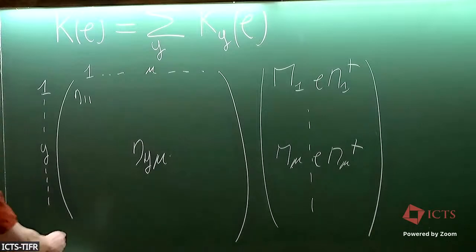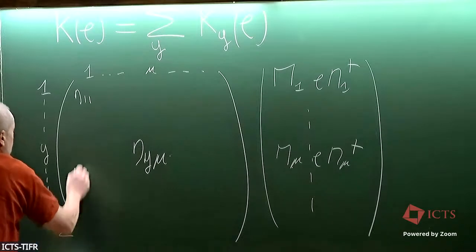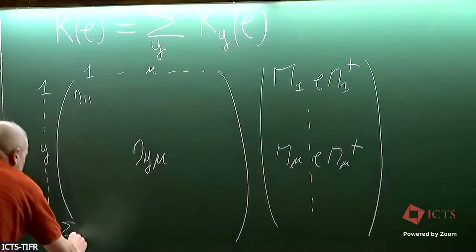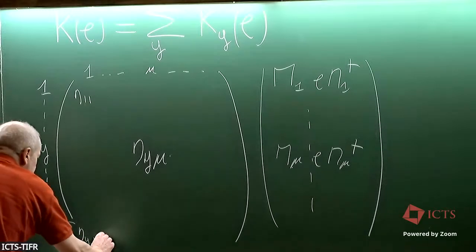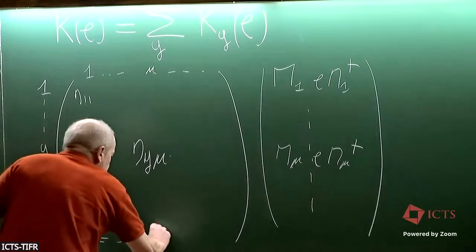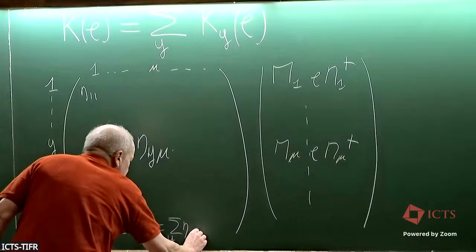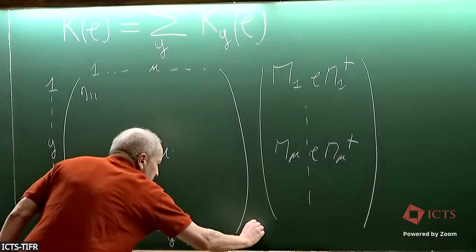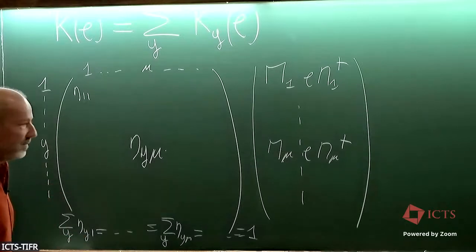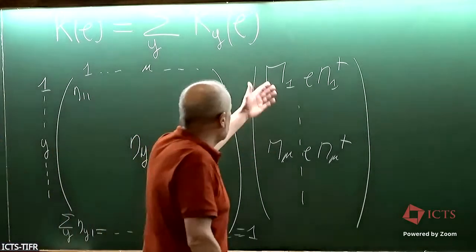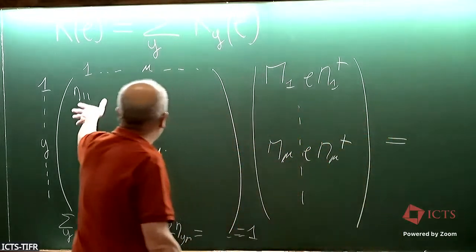So when I take the sum over Y of eta_Y1, it is equal to the sum over Y of eta_Y mu, it is equal to 1. So each sum of the columns is one. And then what you do to obtain K_Y is just a block multiplication of this.